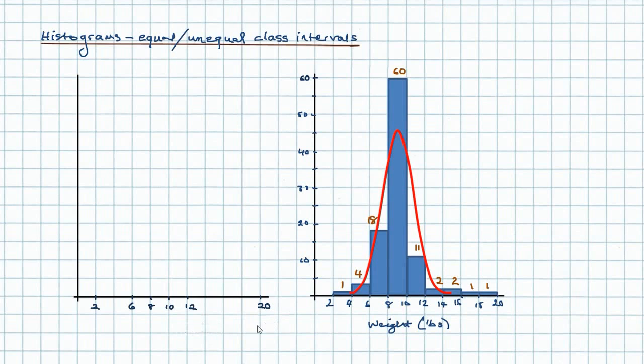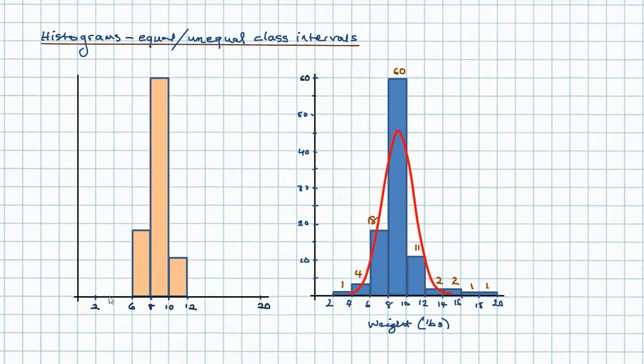Now this gives us a problem that we can illustrate if we just draw up our first class intervals that aren't changed. So we've got this frequency here, this frequency here, and this frequency here. Our problem comes when we draw these outside categories.